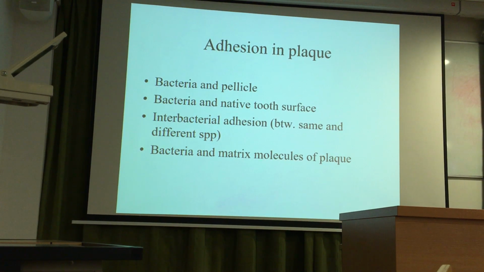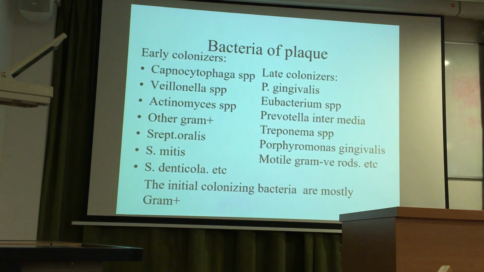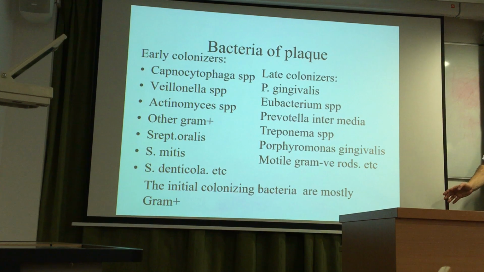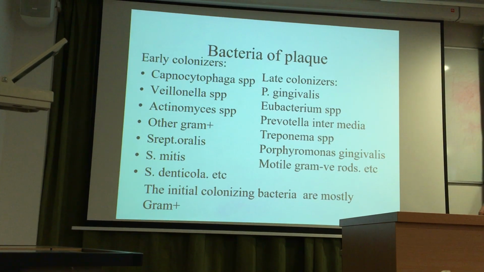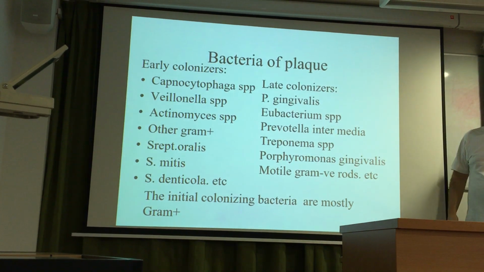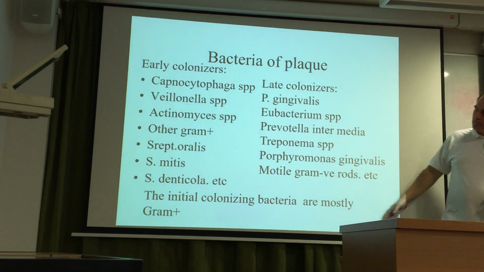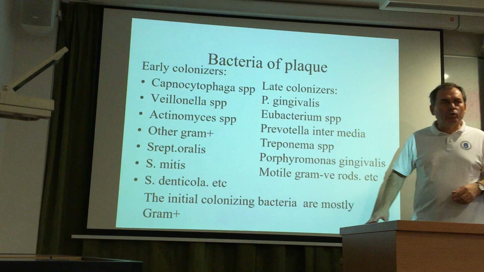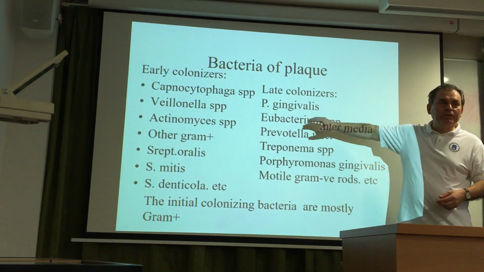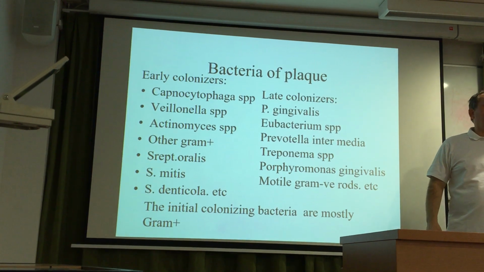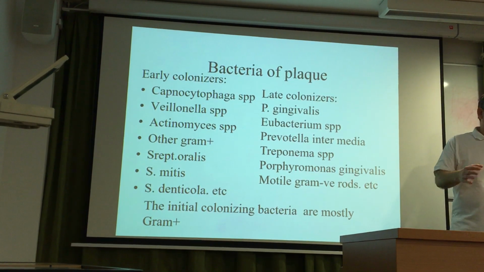The plaque keeps growing, and you can see here different bacterial species. In early plaque formation, gram-positive cocci are the most frequent bacteria, but later gram-negative dangerous bacteria may appear.